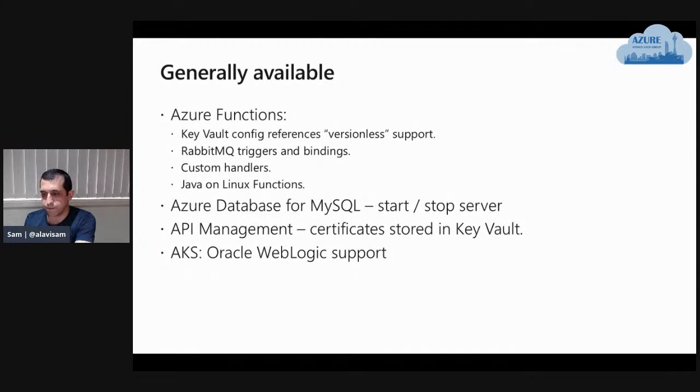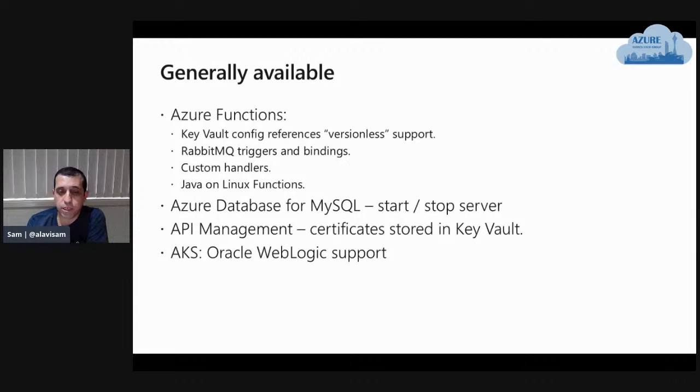The rest of the announcements in the GA space, one of the important ones is that Key Vault references got some changes for Azure Functions and App Services, which means we don't need to specify the version part of the reference for Azure secrets, keys, and certificates.